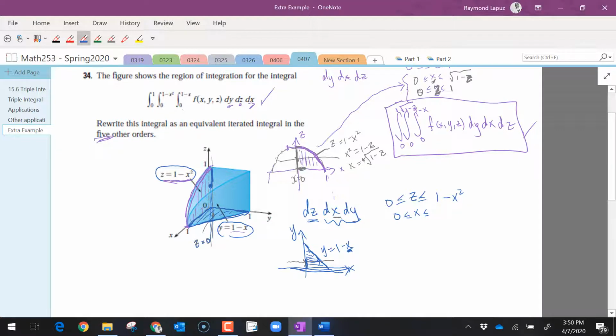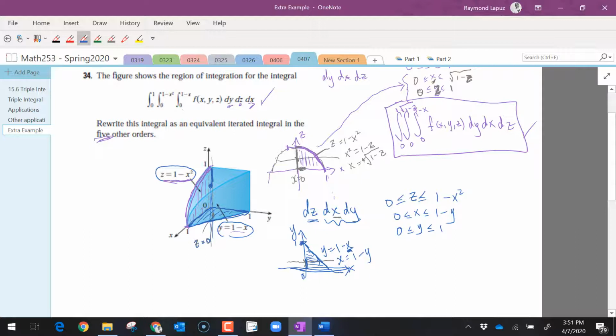Well, this line is y in terms of x, so let's just switch it so that it'll be x in terms of y. And so I have 1 minus y for my x limits. My last limits are constants, and that's the y, and that goes from 0 to 1.